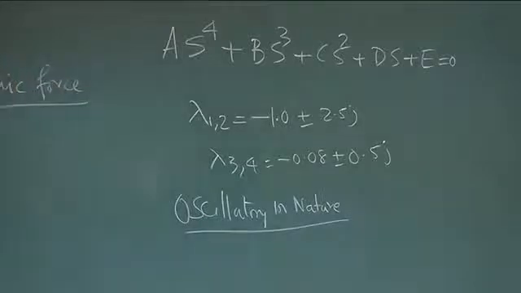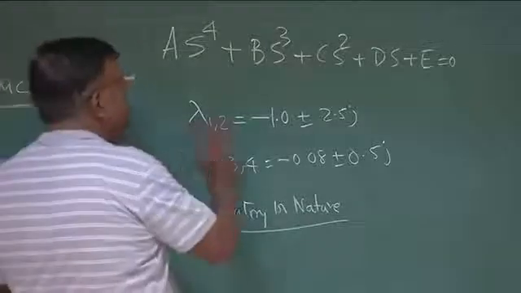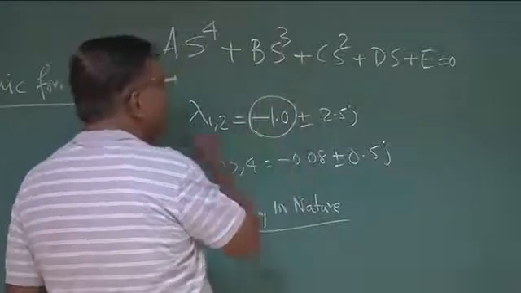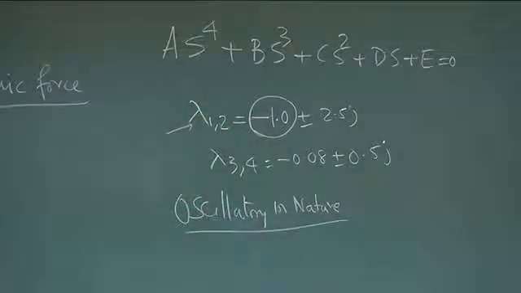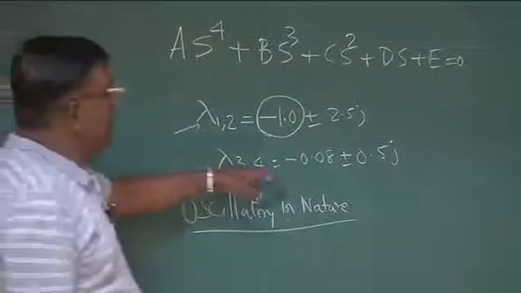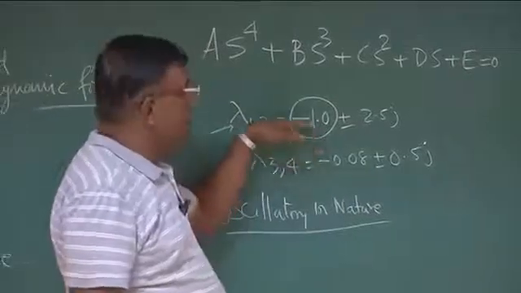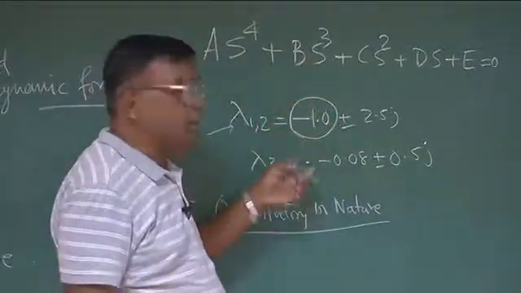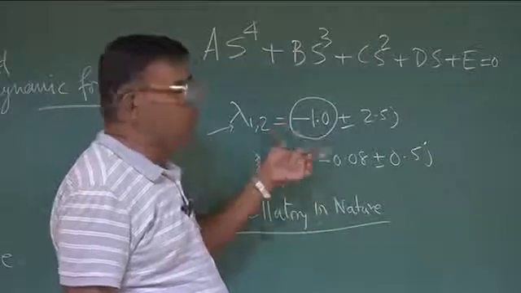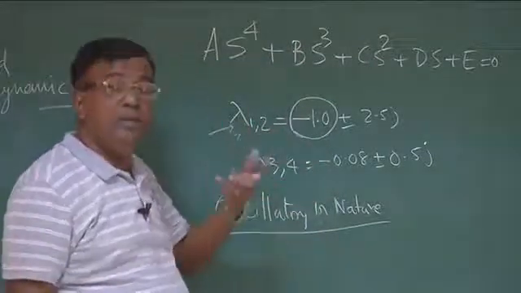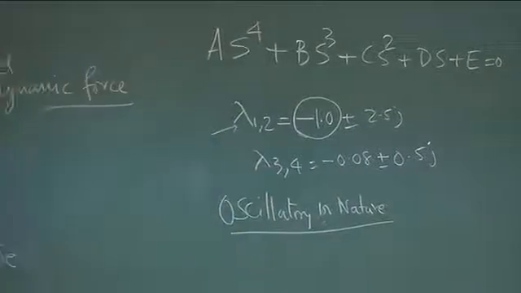Also, we realize one thing, that if I closely see this root, the real part of one complex conjugate pair is large negative as compared to the other pair. You could see from here. So immediately I know, although both are oscillatory, this will decay faster than this. Okay? Because the real part decides the decay. e to the power zeta omega n t type, you know.